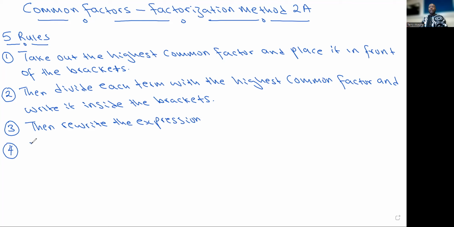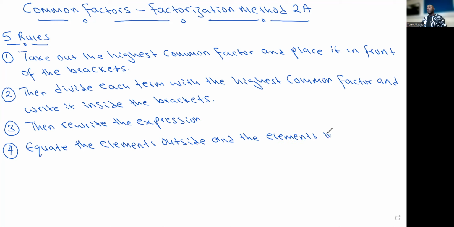Then you have to equate the element outside the bracket and inside the bracket to be equal to 0. So equate the elements outside and the element inside separately to be equal to 0.